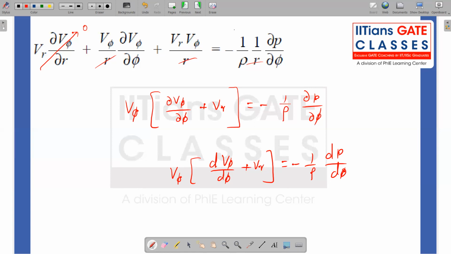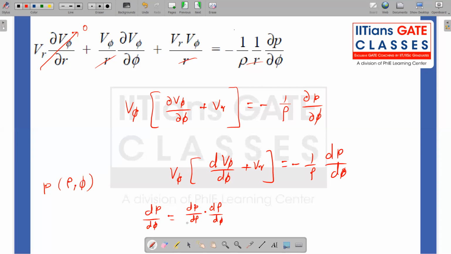Another interesting part is that now I can write dP/dφ in terms of, because we have to note that pressure is a function of density as well as the direction phi. So it is actually a function of both. So I can write dP/dφ as dP/dρ times dρ/dφ, right?